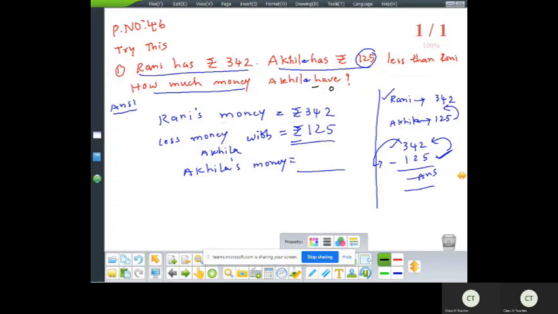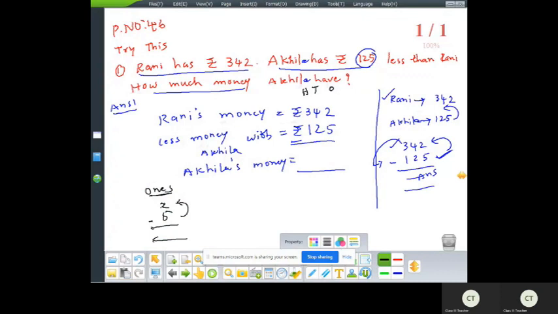Now write the place values: 1, 10, 100. Now subtraction on 1's place. The digits in the 1's place are 2 and 5. It means 2 minus 5. Here 5 is greater than 2. We cannot take 5 from 2, so this time we need to borrow.